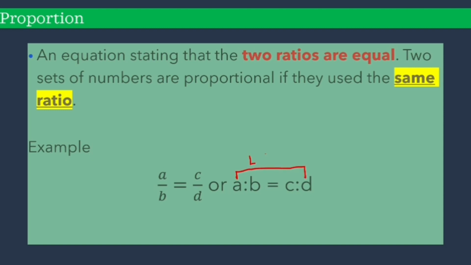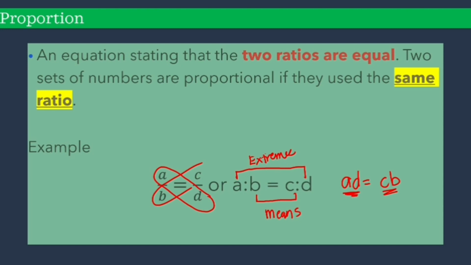And B and C are called the means. Also take note that by applying cross product, the product of the means, that is AD is equal to CB. So the product of the extremes is equal to the product of the means by the cross product property.